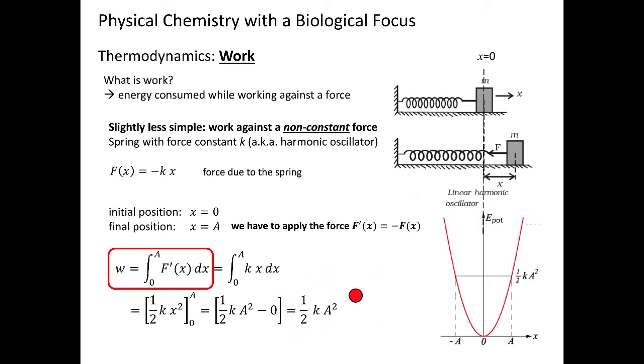Because in this case, we were not transferring any heat into that system, we were simply applying work, and we were changing the potential energy of the system. This is exactly what we see here. So this amount of work that we applied is going into the potential energy of this system. We change the potential energy from 0 before to 1/2 ka squared.